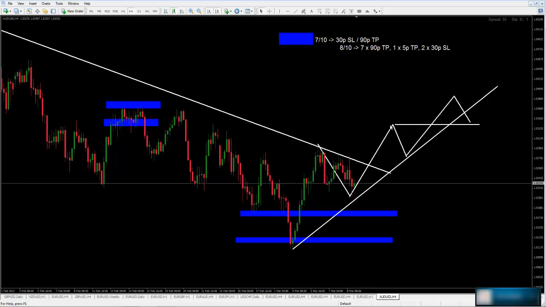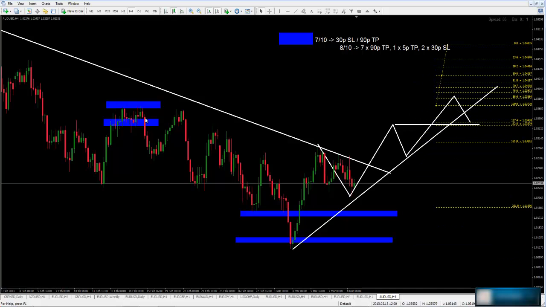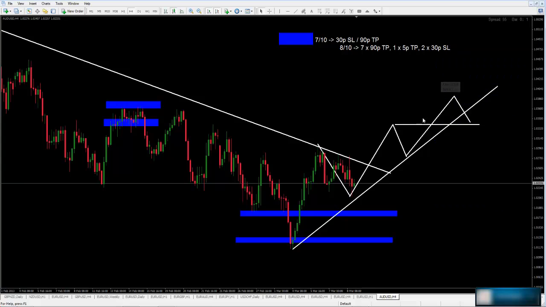This breakout was our confirmation for going long, so we will use this swing to buy with a 50 pending order and 61.8.